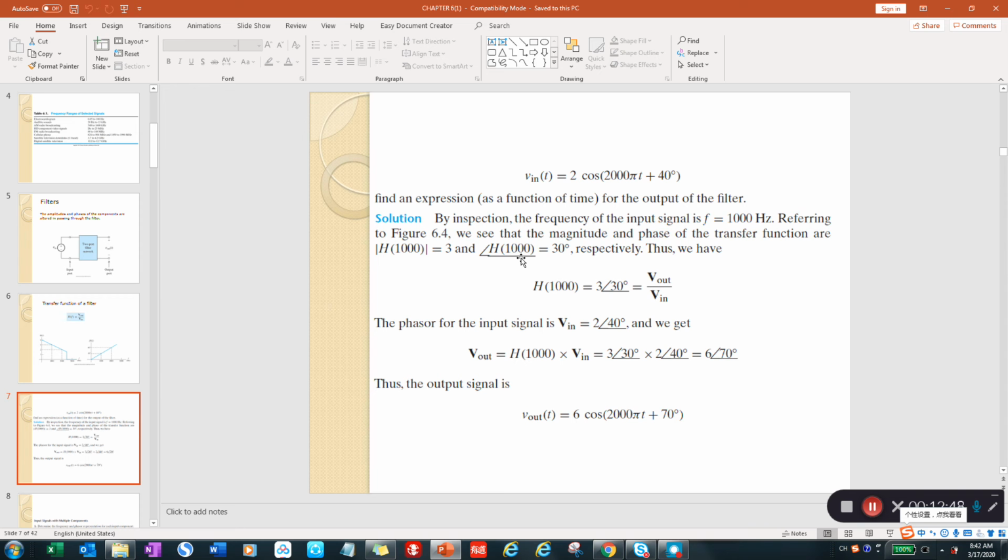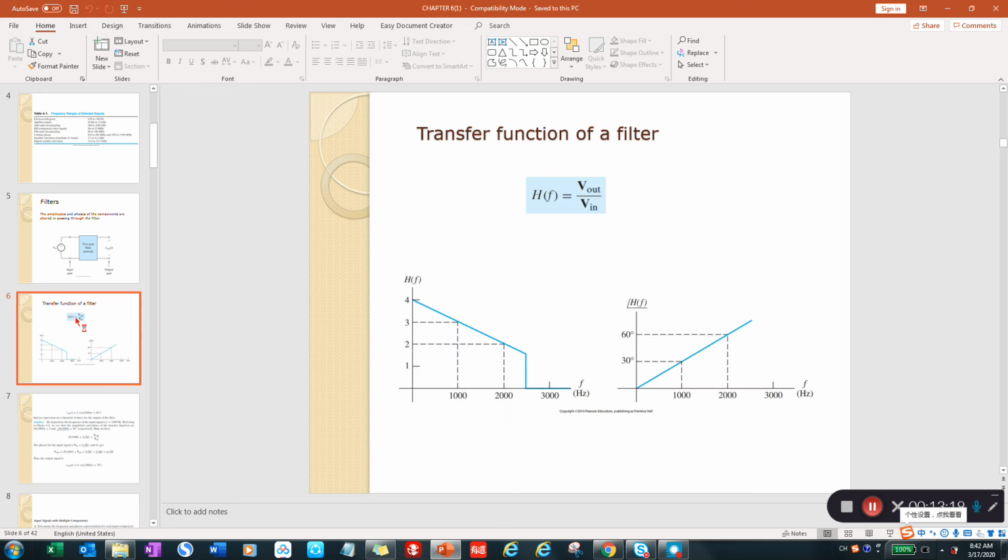And the phase angle is 40 degrees, so we know that our phasor can be written as 2∠40, which is our representation of our input signal. The input is 2∠40, so that is our input signal in phasor representation. Now, if we want to know what the output will be, we can look at this graph.